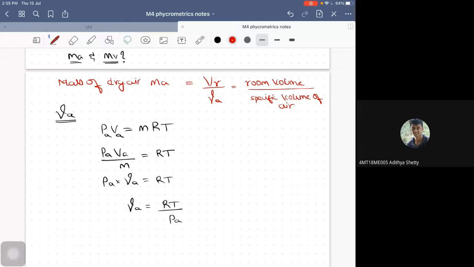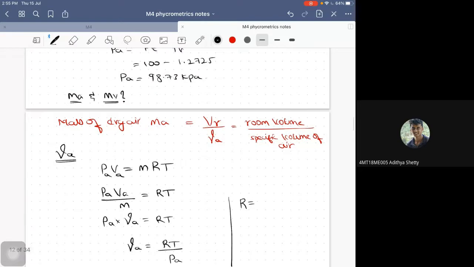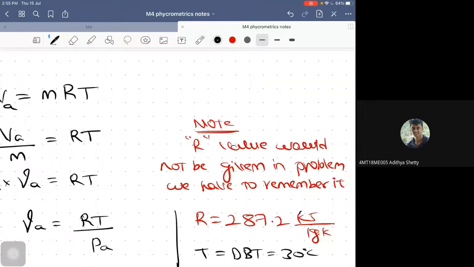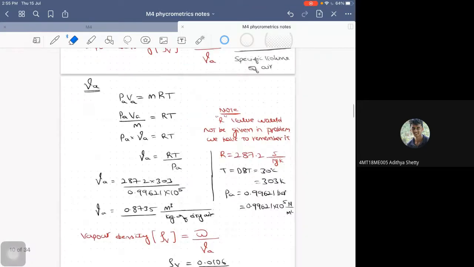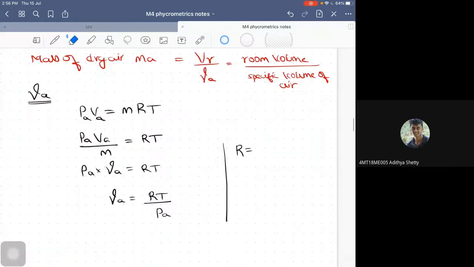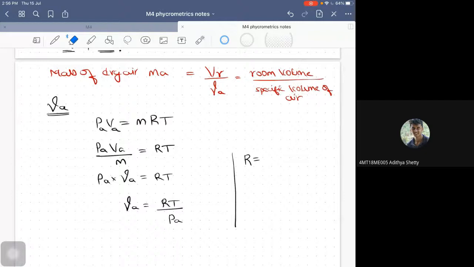Now I will note down what values I have. The value of R is how much? It is not kilo there, it is just joules per kg here. R value is 0.287 kilojoules per kg Kelvin.